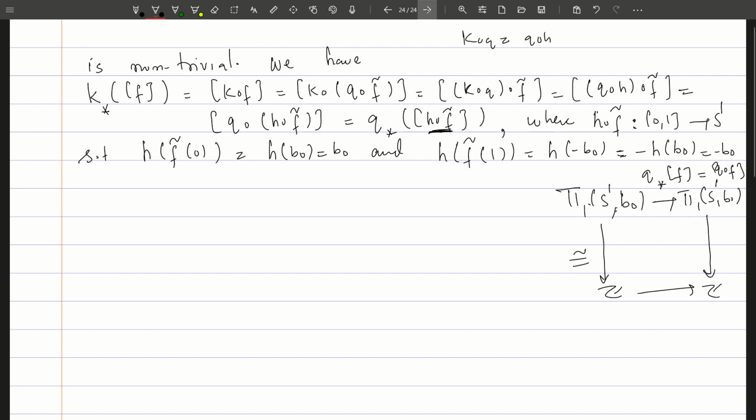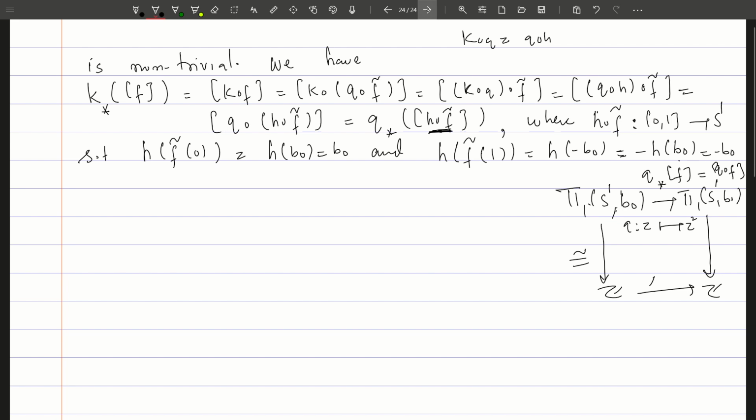So the map q which takes the element z to z square corresponds to the map which takes, if f corresponds to the element 1 here, then q of f corresponds to element 2 here.